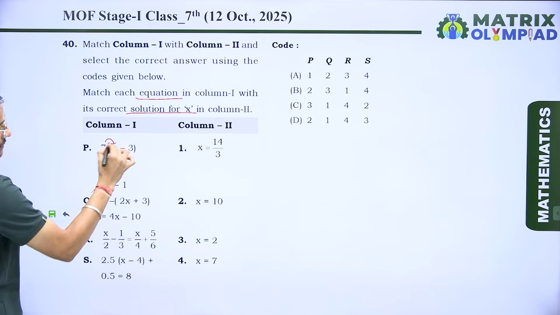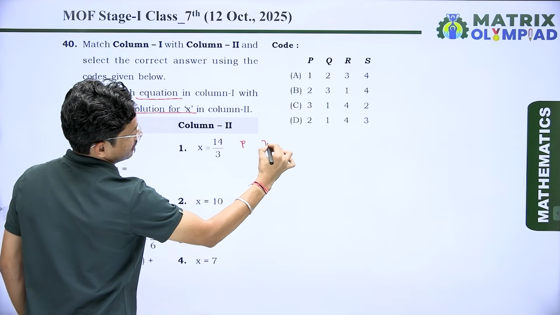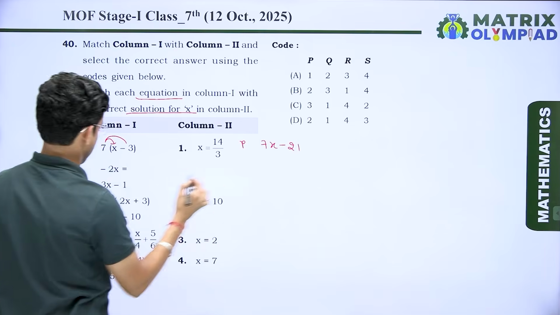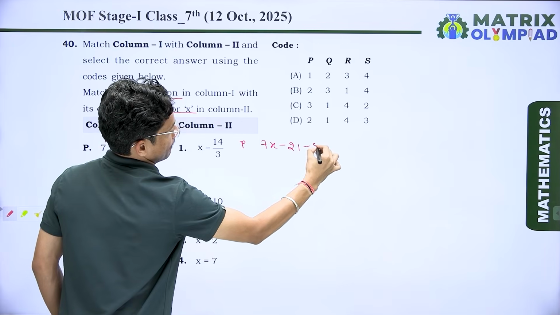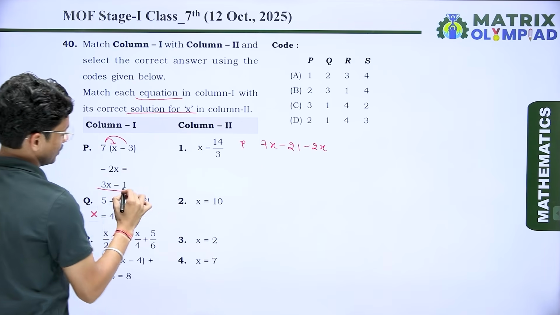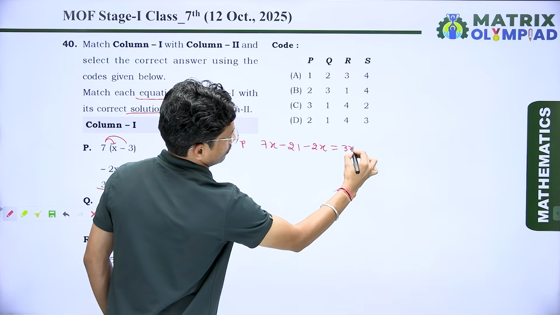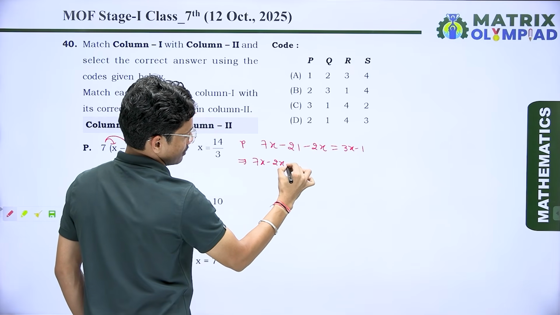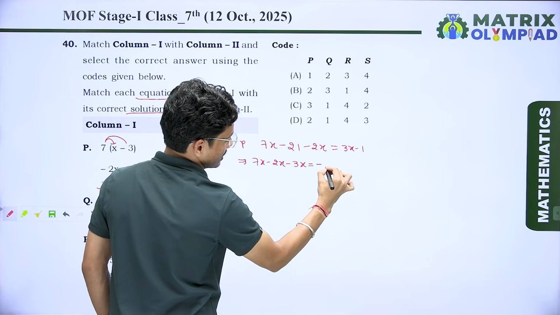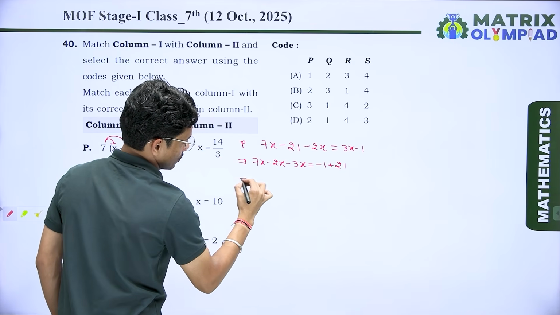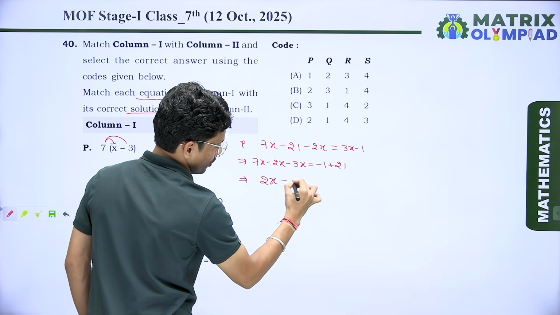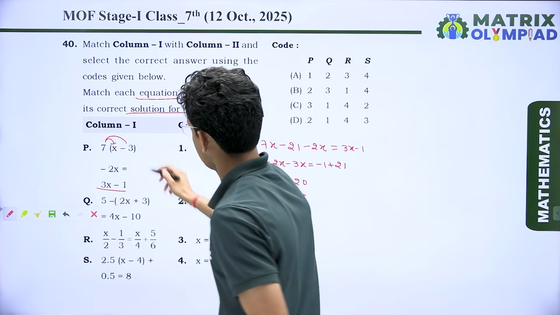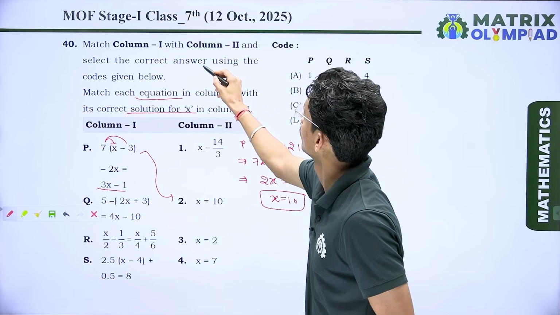When I multiply, I get 7x minus 21 minus 2x equal to 3x minus 1. So here we can say 7x minus 2x minus 3x is equal to minus 1 plus 21. So we get 2x is equal to 20, and the value of x is 10. It means P is connected to 2.